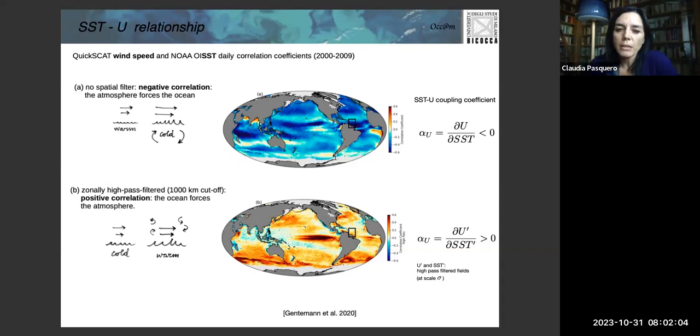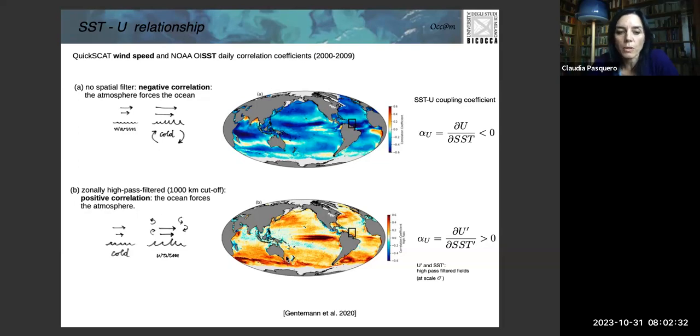If we look at the full correlation, this is clearly negative, indicating that the atmosphere is forcing the ocean, in the sense that stronger winds mix the upper ocean and generate a cooling at the surface. But when we high-pass filter those data, the picture changes completely, and the correlation coefficient is essentially positive.